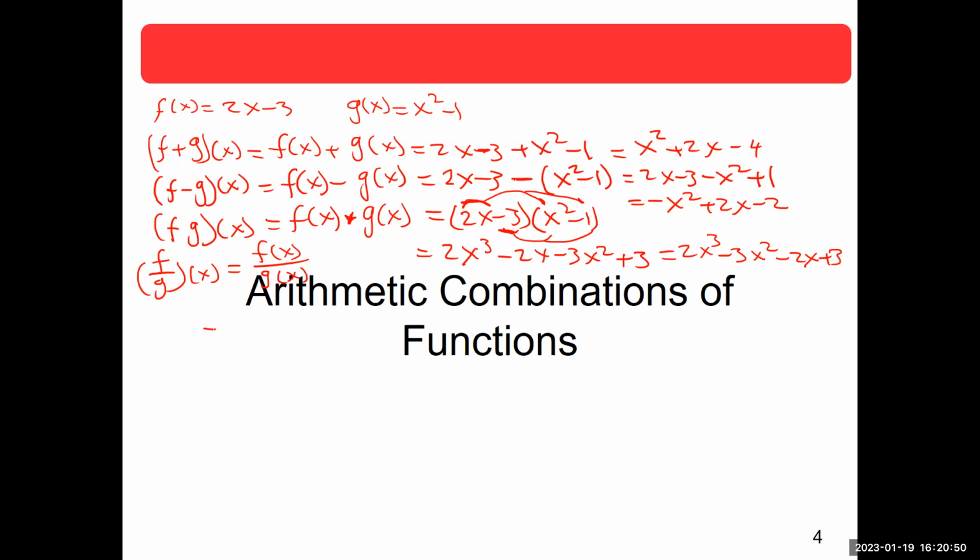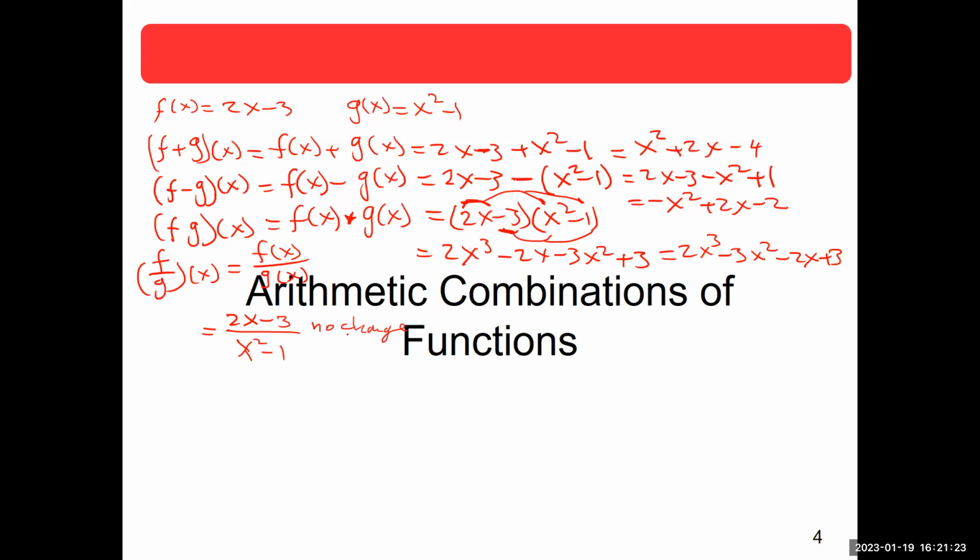And this one equals 2x minus 3 over x squared minus 1. Well, what do we do here? Well, you cannot simplify it. That's it. No change.